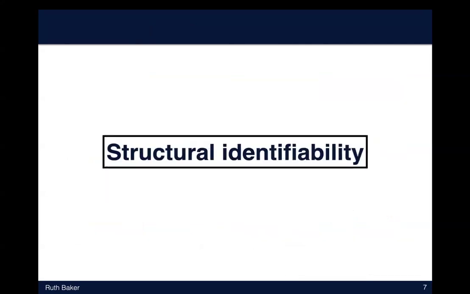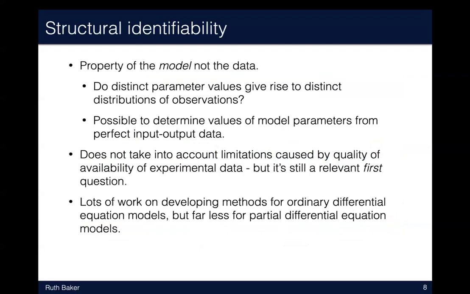And so the first thing I want to talk about is the concept of structural identifiability. Structural identifiability really only thinks about the model and not the data. It just says, if I had access to perfect data, essentially, so here, all space X at all time T, could I estimate the parameters of my model?